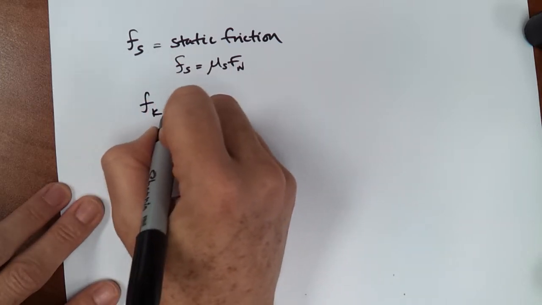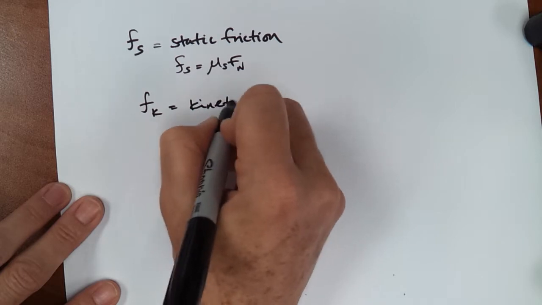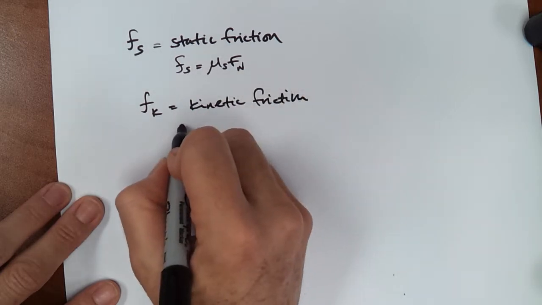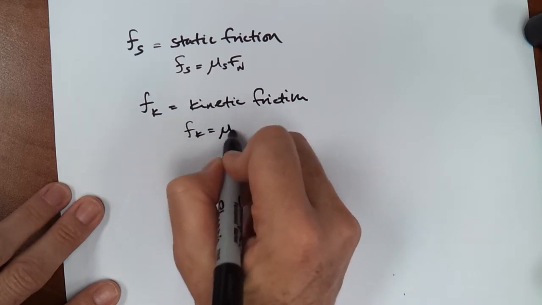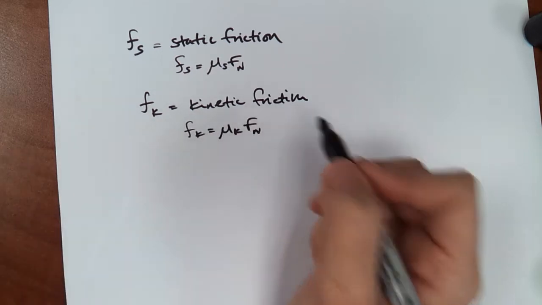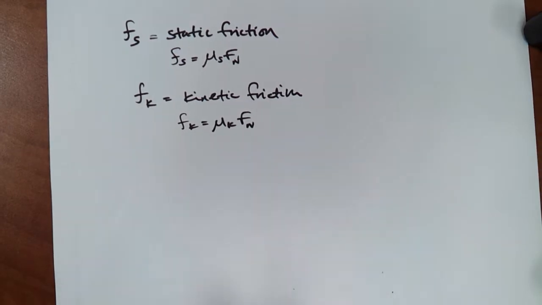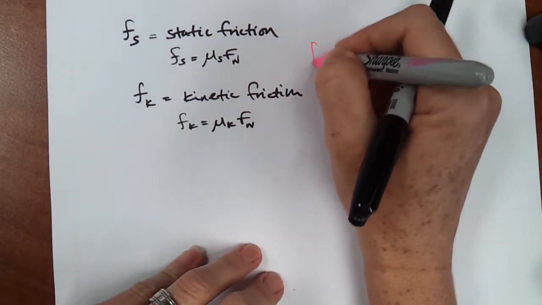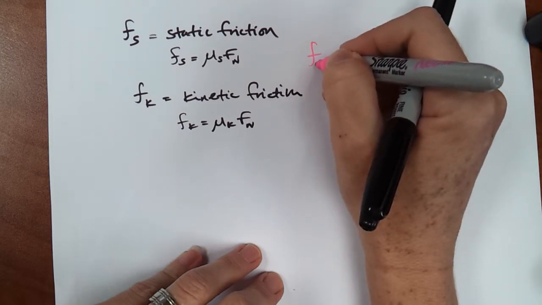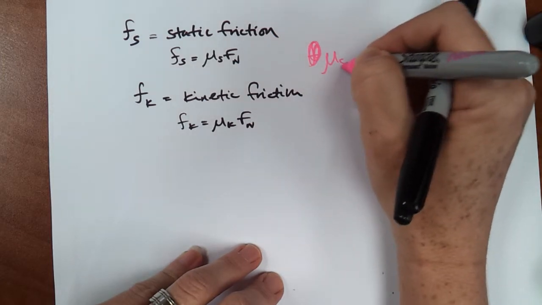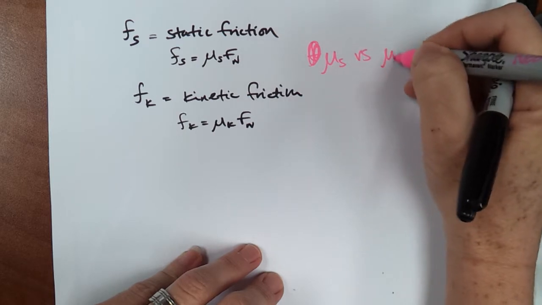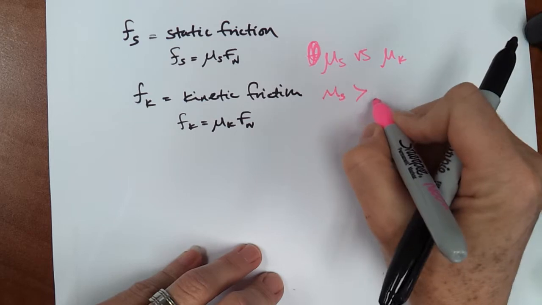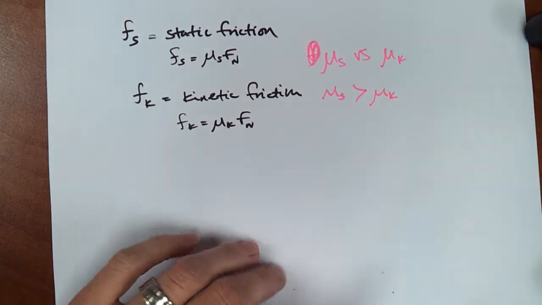You have Fk, kinetic friction. So we have Fk equals mu-k Fn. Also remember the interesting observation that if you're looking at mu-s versus mu-k, mu-s is going to be greater than mu-k for a set of materials.